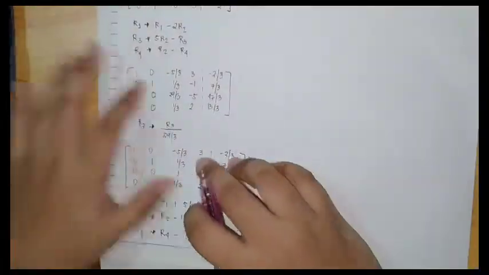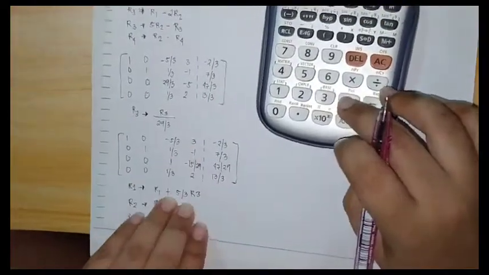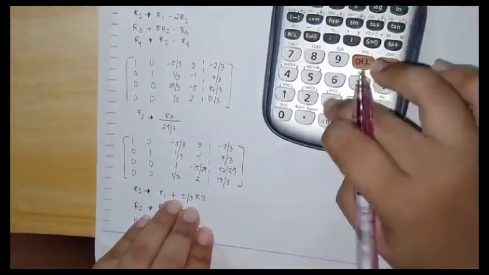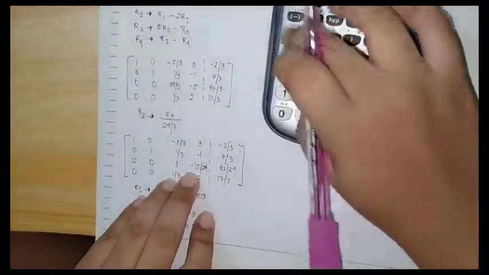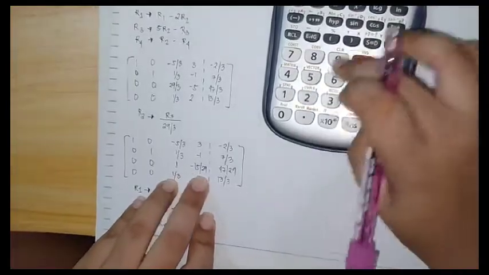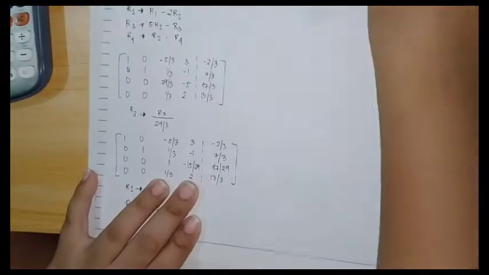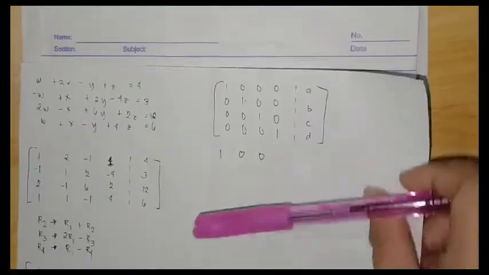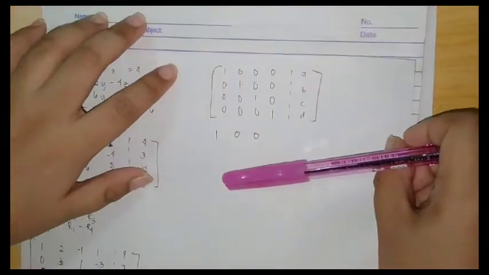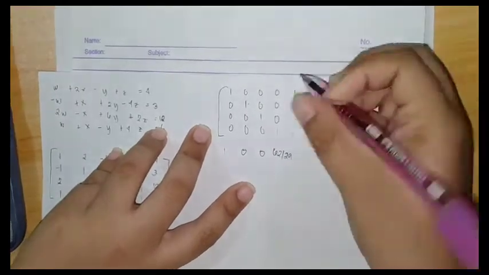And then next, R1 here, 3 plus 5 over 3 times negative 15 over 29 gives 62 over 29. So we have 62 over 29.